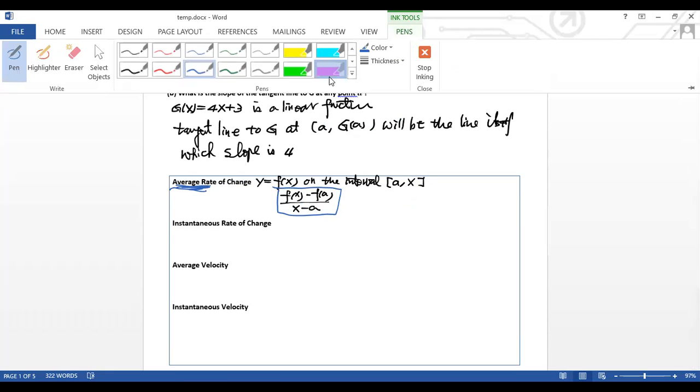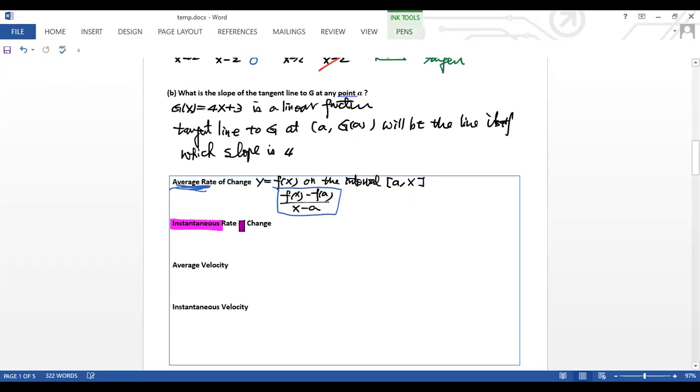Then the next thing, this is very important. We said the instantaneous rate of change.